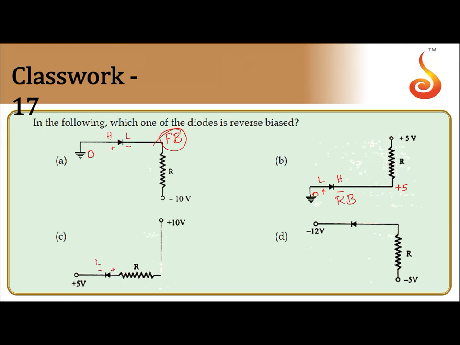Negative is connected to lower potential, positive is connected to higher potential, so this must be forward biased. Then coming to fourth one, so this is minus 5 volt, this is minus 12 volt. So minus 12 is lower potential is connected to negative, higher potential is connected to positive. So this must be forward biased. So the correct answer is option B.